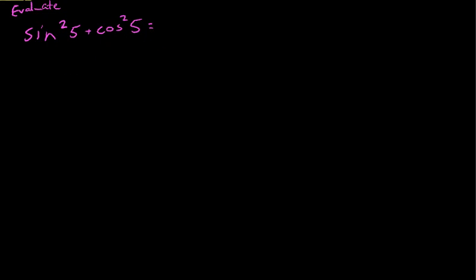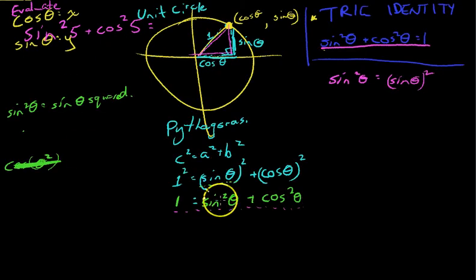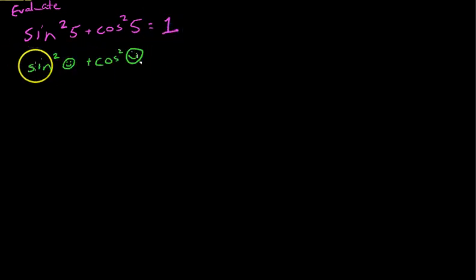Now, we know from the stuff that we just did that sine squared anything plus cos squared the same thing is equal to 1. So, without any real thinking here, we can say that sine squared something plus cos squared the same thing is going to be equal to 1. Taking it to an extreme example, it would work for sine squared smiley face plus cos squared smiley face equals 1. The idea I'm trying to hammer home is that it works for absolutely everything.